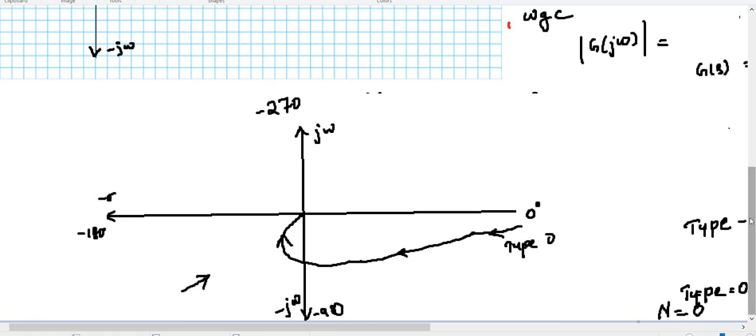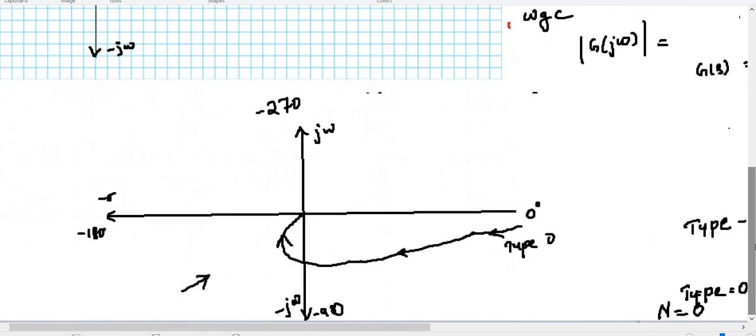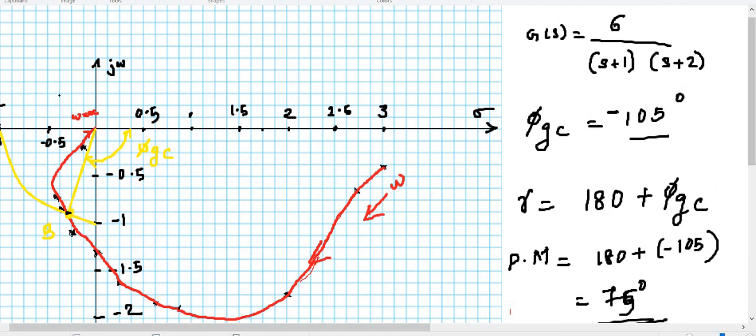Here you can see that our polar plot is similar to what is drawn now. By this method you can get an approximate plot and check whether you have got the correct answer. Thank you.